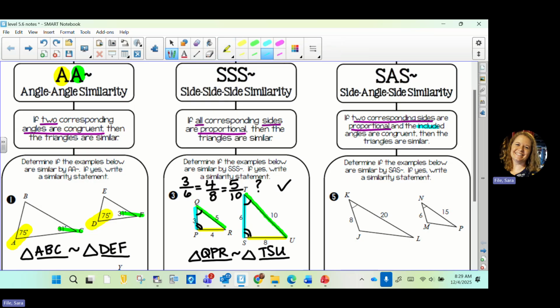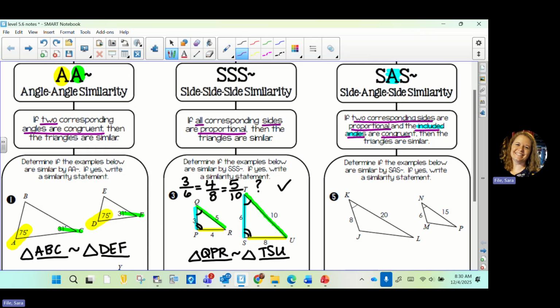It says the included angles. See how the A is in the middle of the 2 S's? It has to be in the middle of the 2 sides that are proportional. And if that included angle is congruent, then the triangles must be similar. Okay, but it's got to be the included angle.